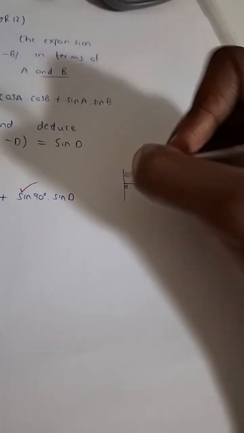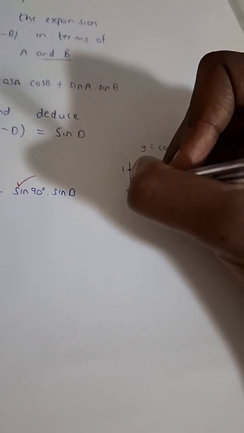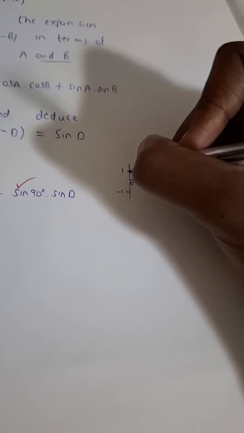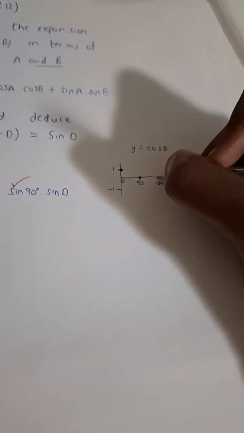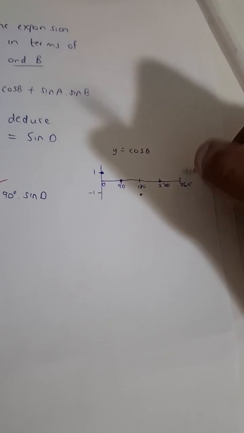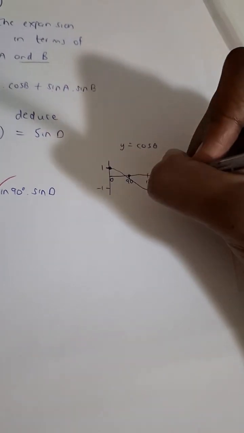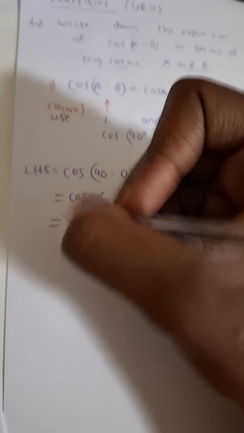I'm just throwing this in here, not because of anything, but just so that we can learn something. Okay, cos of 0 is 1. You guys should know the shape of this mother graph. Cos of 90 is 0. Cos of 180 is negative 1. Cos of 270 is 0. Cos of 360 is positive 1. I know we should know this mother graph. Okay, so cos of 90 is 0.